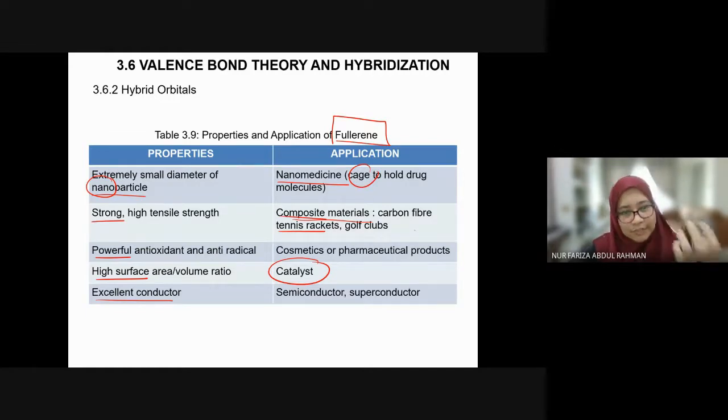When it can move around, that means it can conduct electricity. Okay, excellent conductor. So it can be used as semiconductor or superconductor. Okay, so those are the properties and applications of fullerene. In case you were asked in the exam, make sure that you know what to answer.